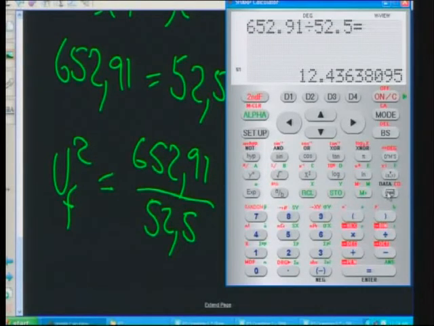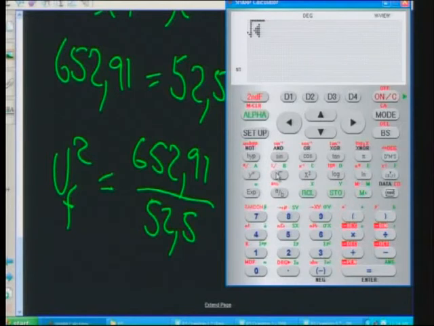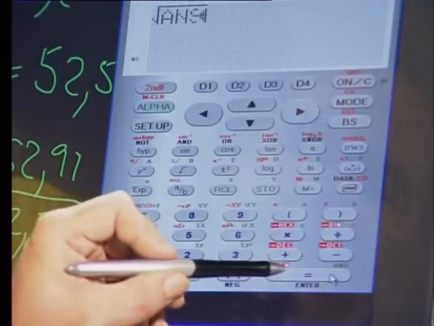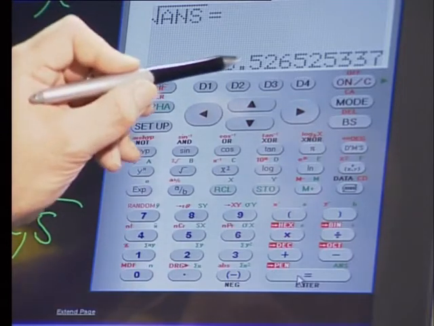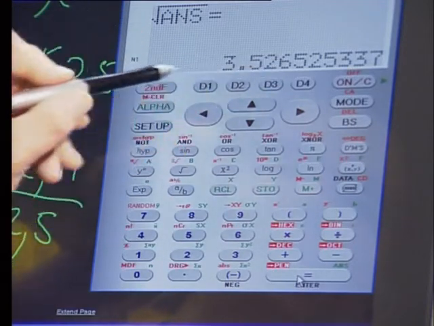Let's go there. So we're going to say square root, and we want the square root of the answer. Square root answer equals. And there we go. I've got the velocity here of 3,526. I'm going to round it off.